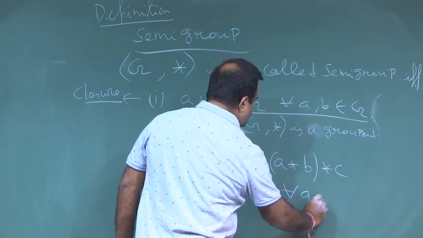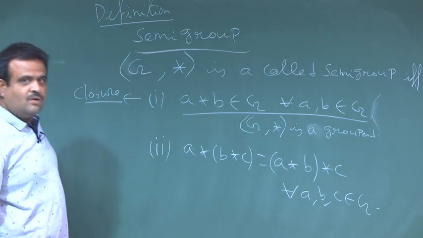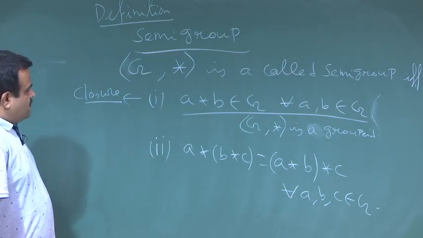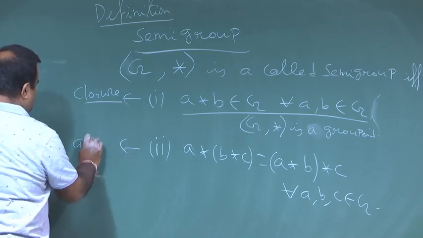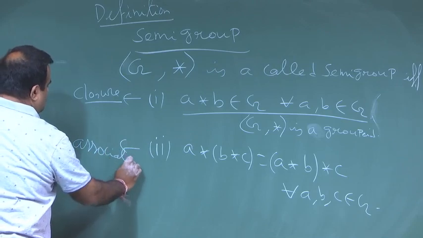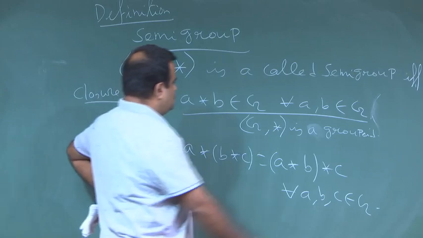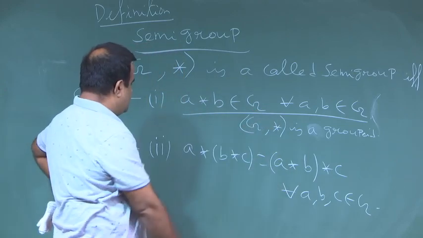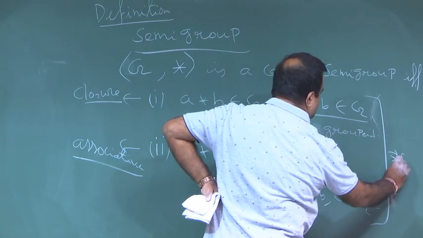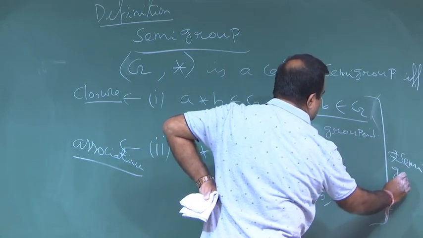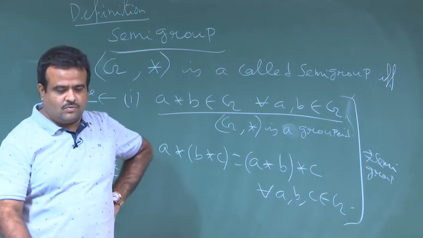This is true for all A, B, C. Okay. So, if this is true for all A, B, C, this is the associativity property. This property gives you only a groupoid, and if both properties are satisfied, then this is called a semigroup.